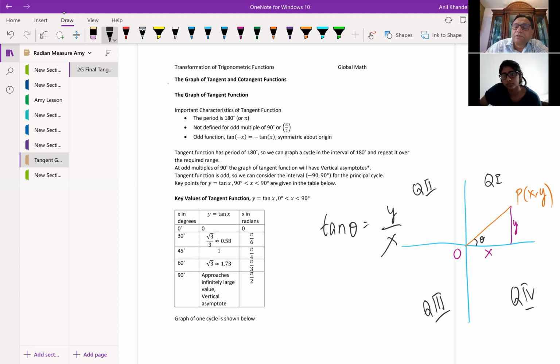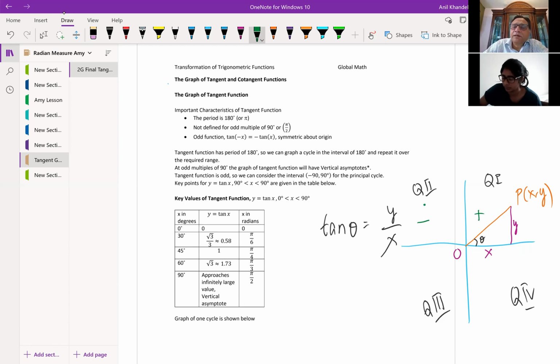Now, if we have a point in the second quadrant, any point here will have a negative x value. So tan theta is going to be positive in quadrant 1, and negative in quadrant 2.